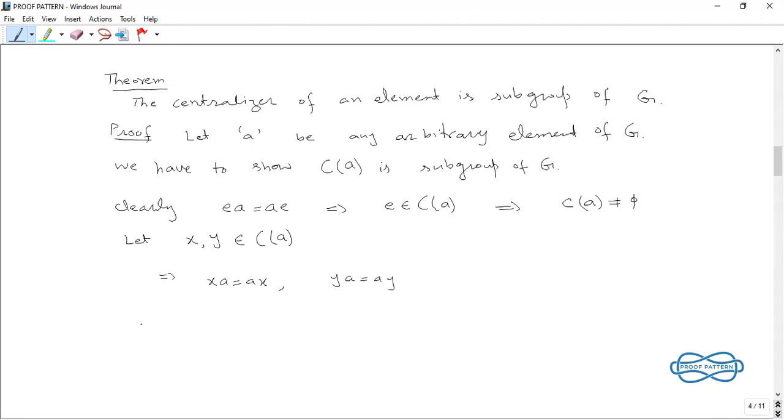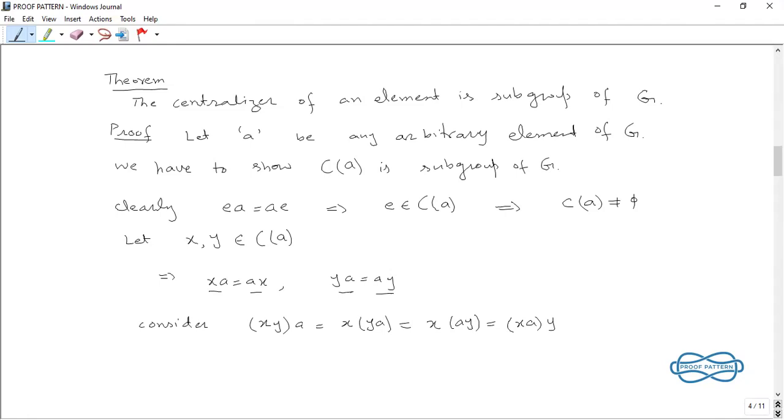Okay, now consider xyA. Since the associative law holds, this can be written as x into yA, and we know that this yA is actually equal to Ay. So this can be written as x into Ay. Again, using the associative law, this can be written as xA into y, and we know that this xA is equal to Ax.